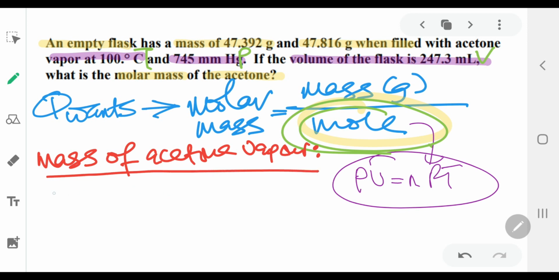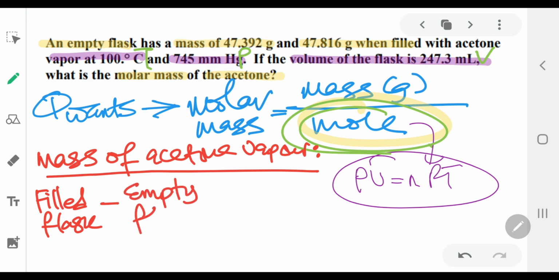You take your filled flask minus empty flask. Your filled flask is 47.816 grams.